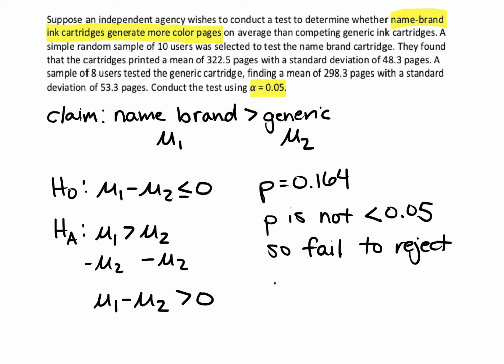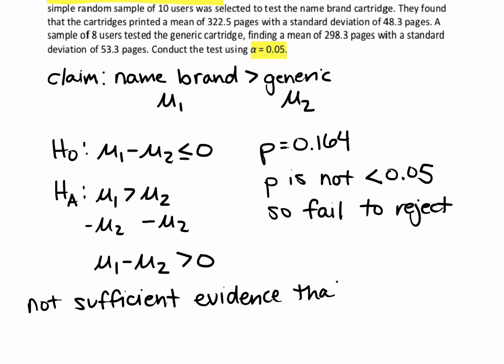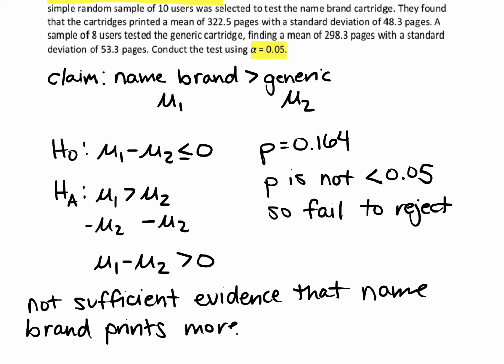And in terms of my situation, what that means is that I do not have evidence that the name brand cartridge prints more pages than the generic. So it's not sufficient evidence that name brand prints more pages than generic.